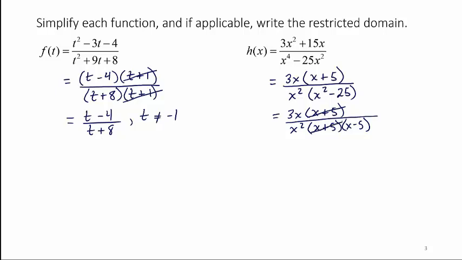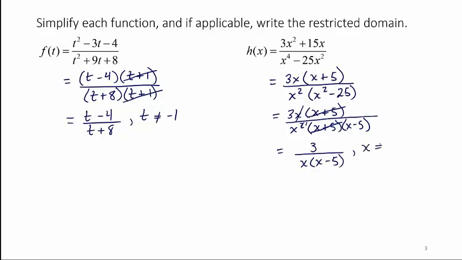And then also what happens with this x over x squared, right? I have 1 x upstairs and I have 2 of them downstairs. So this one upstairs will go away and this one down here will become 1, right? So the end result here will be 3 over x times x minus 5. Okay, and what are any of the hidden domain restrictions?